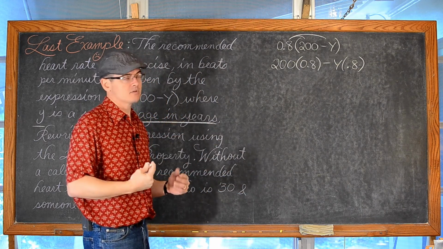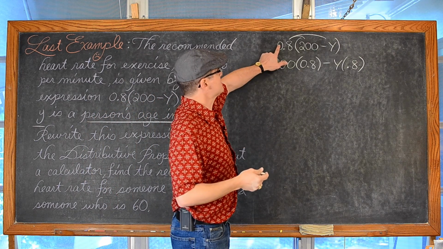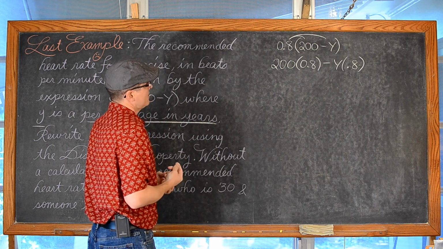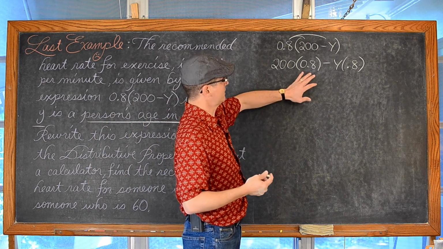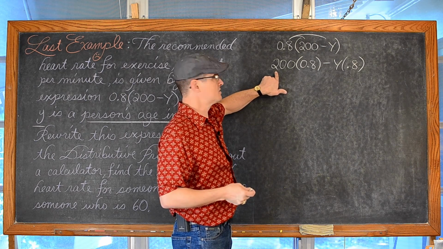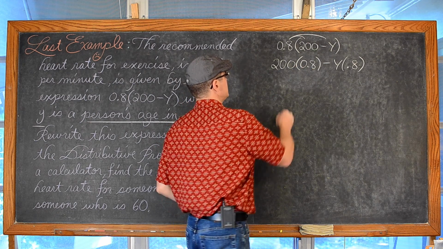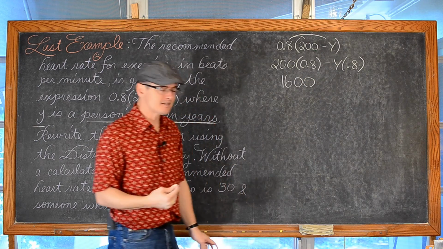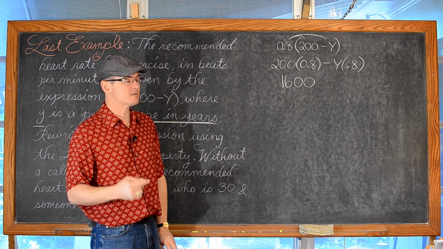I just want to write them together so that you don't really need to write the 0 point. You can just write 0.8. It's the same thing. So now, even though this is 3 digits, it's really just 8 times 2. Well, 8 times 2 is 16, and then 2 more zeros, but it's not 8 times 200, it's 0.8.